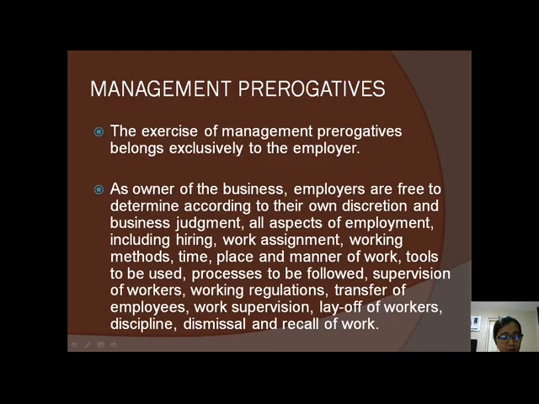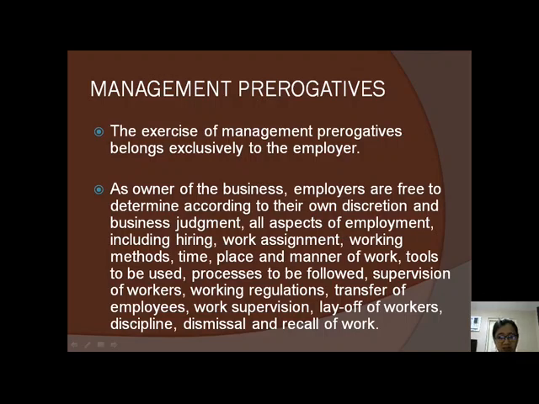Now, another important thing also with regards to employment relationship is, of course, for the employer. If the employees have their rights, the employer also have their rights, which we call management prerogatives, no? So this is the exercise of management. The exercise of management prerogatives belongs exclusively to the employer.